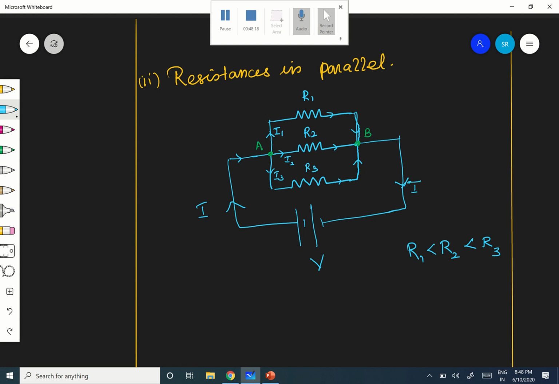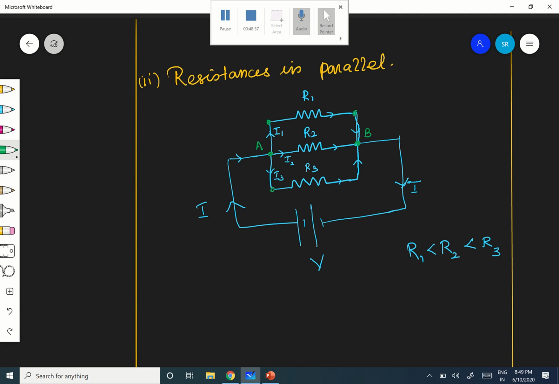Therefore, when 3 resistors are connected in parallel, current through different resistors is different. But what do you say about the potential difference? All the resistors here are directly connected.